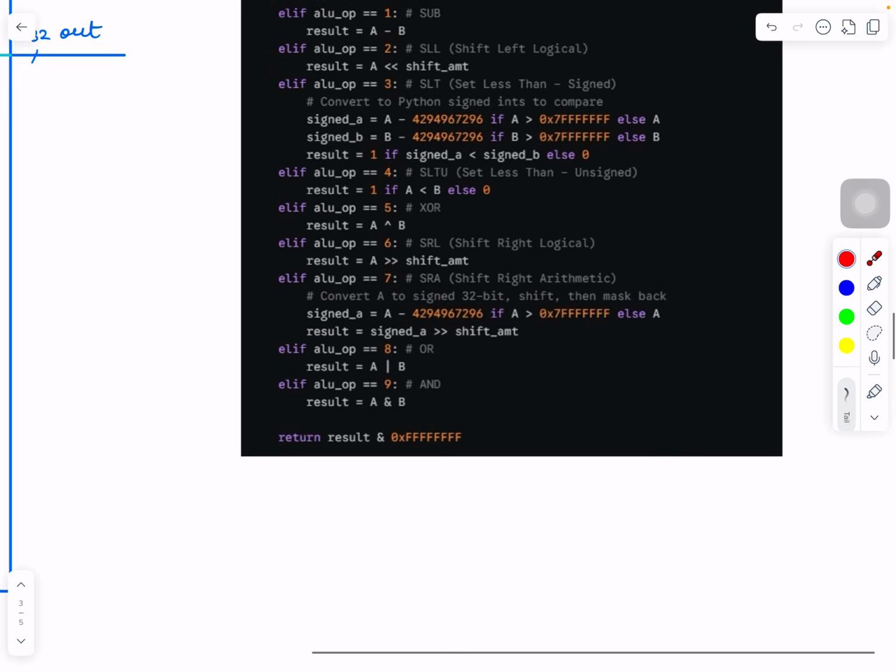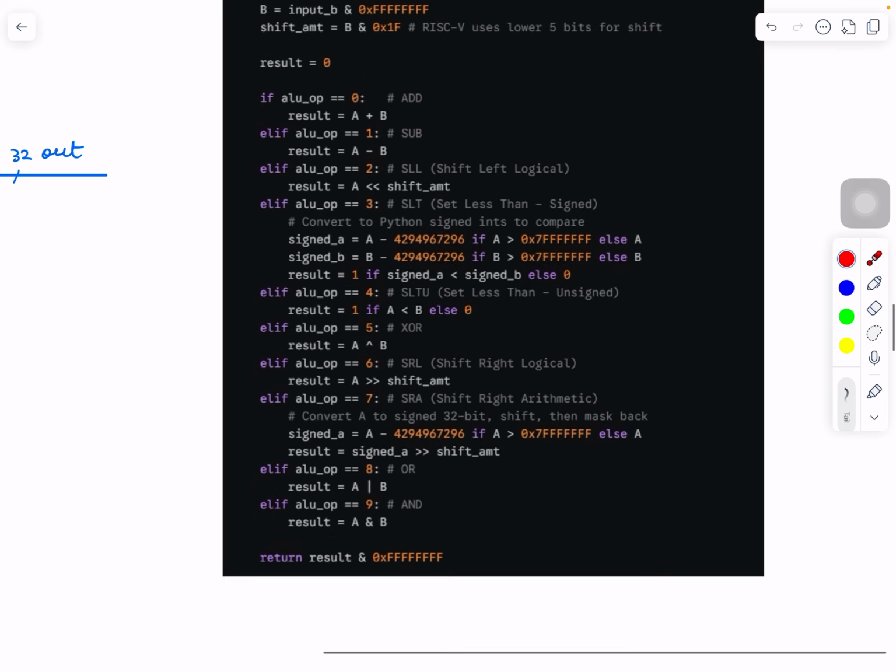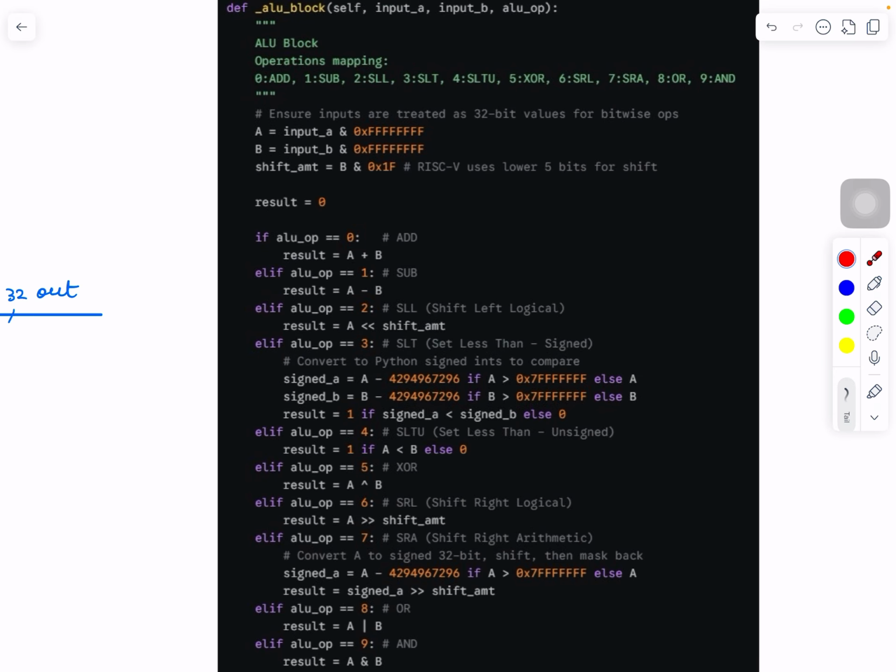And eventually I will take the result out, and I will mask it with 32 bits again. I want to make sure only 32 bits are valid values, and the rest are set to 0. Okay, so simple: 0 add, 1 subtract, 2 shift left. It's going to shift this one by this amount, which we already took from B.